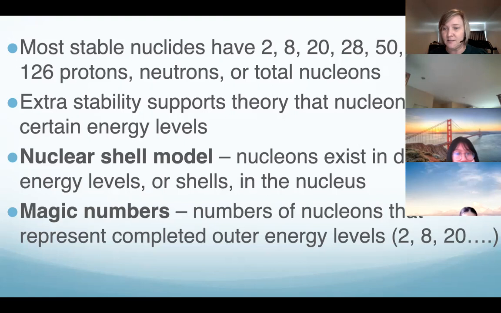Everybody okay so far? So we've got even numbers are good, and these are the magic numbers. So atoms that have protons and neutrons or total nucleons that are these numbers are the most stable.